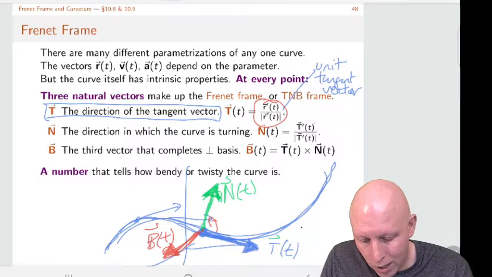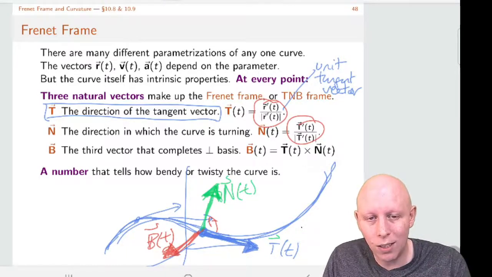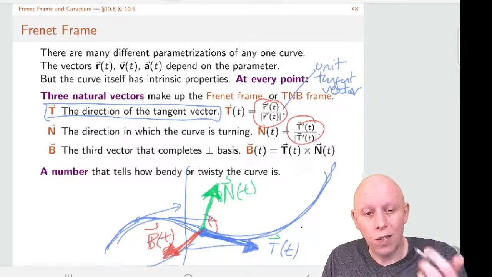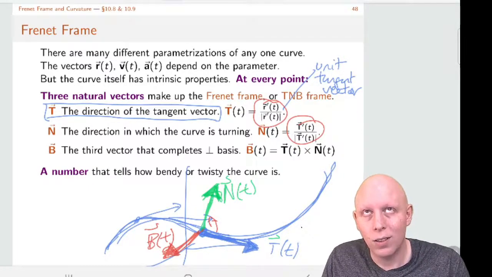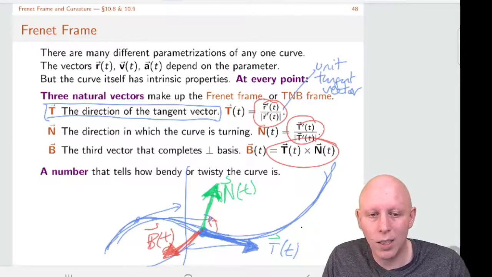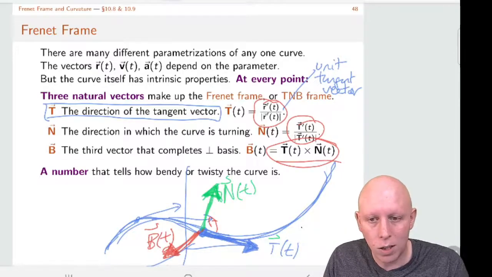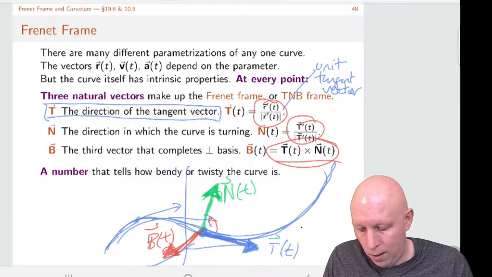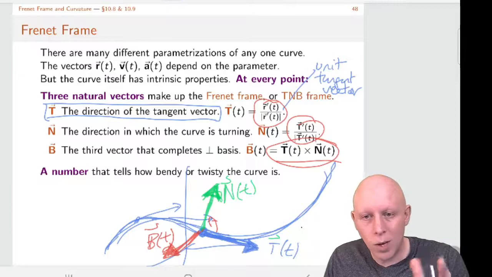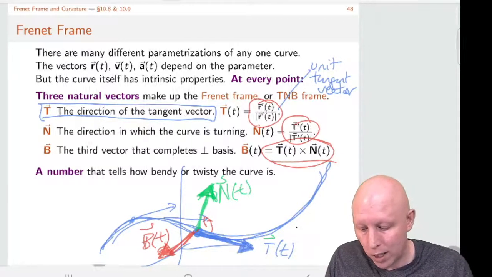You calculate T primed of t, the derivative of the unit tangent vector, divided by the length of that same quantity, and then the binormal vector is going to be one more vector of length 1, which is calculated using the cross product. So those are 3 vectors that are associated to every curve in space.